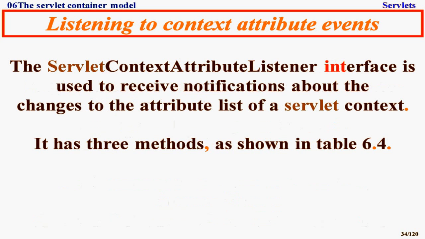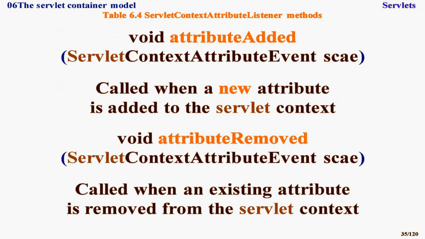Listening to context attribute events. The ServletContextAttributeListener interface is used to receive notifications about changes to the attribute list of a servlet context. It has 3 methods, as shown in Table 6.4. Void attributeAdded(ServletContextAttributeEvent scae), called when a new attribute is added to the servlet context.